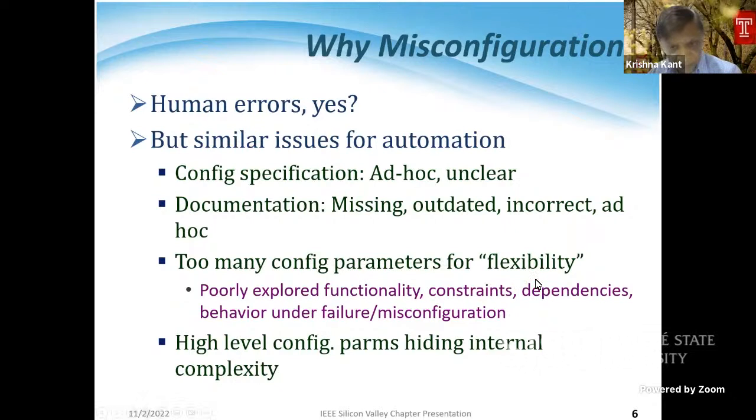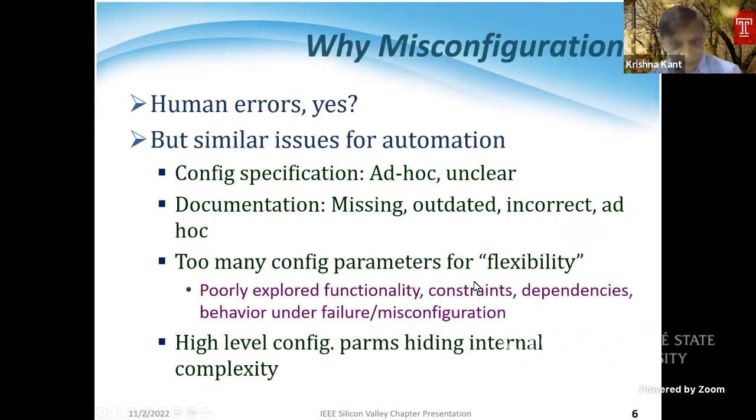Generally, the idea is that, oh, we want to make this software as flexible as possible, so we're going to put 20 different configuration parameters. But of course, what happens is that there's not a thorough testing of the different values assigned to those configuration parameters. It's not even feasible because the number of combinations that you need to test out becomes enormous.